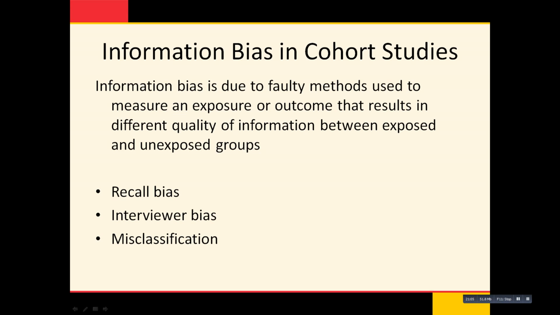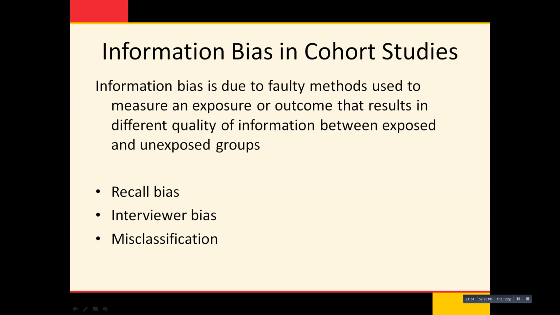So the last type of information bias is misclassification, also called measurement error, and it's probably the most common form of bias in observational research. Misclassification means that there was an error in the way that you classified either the exposure or the disease. If you said that the individual was exposed when they weren't, or vice versa, that is a misclassification.